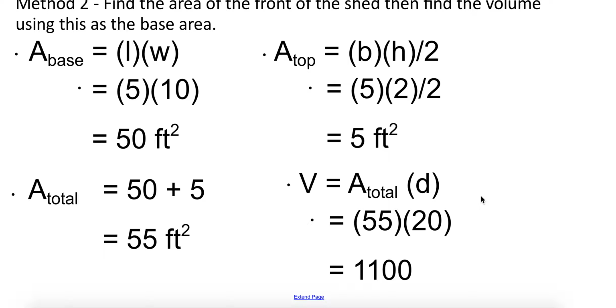Sometimes it'll give you the area of the front of a shape, like a shape that is squiggly lines or something like that, that you wouldn't be able to use a typical formula for, and it'll give you the depth. So you would just multiply the area of that shape times the depth to find the volume.